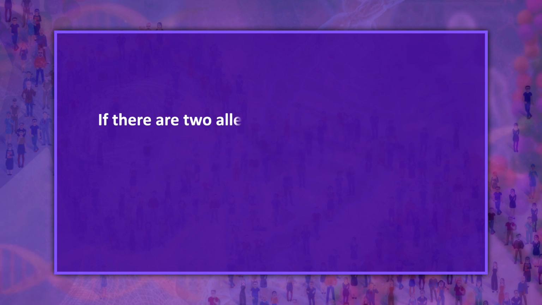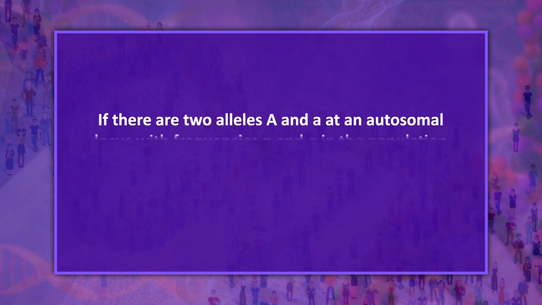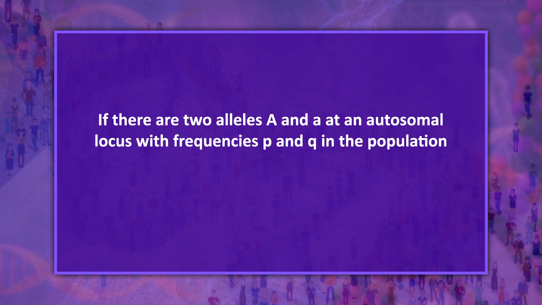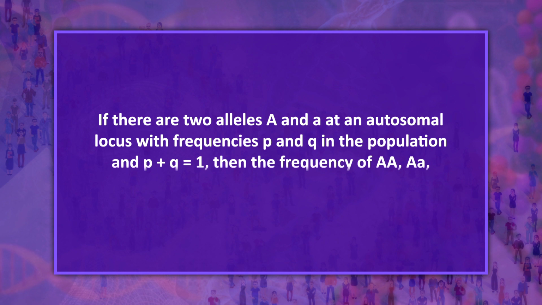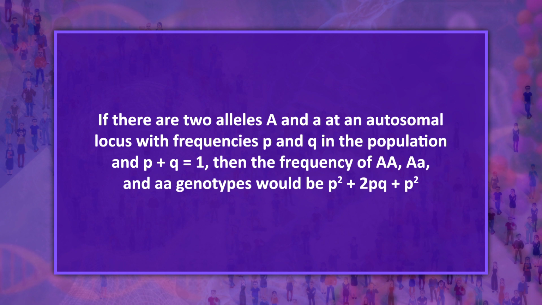If there are 2 alleles, capital A and small a, at an autosomal locus with frequencies p and q in the population, and p plus q is equal to 1, then the frequencies of AA, Aa and aa genotypes would be p square plus 2pq plus q square.